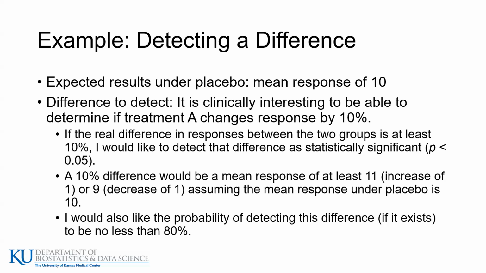So we would also want to consider the probability of detecting this difference. We want this probability of detecting this difference to be no less than 80%. So we want to ensure 80% power to detect some difference given that we observe some 10% difference.